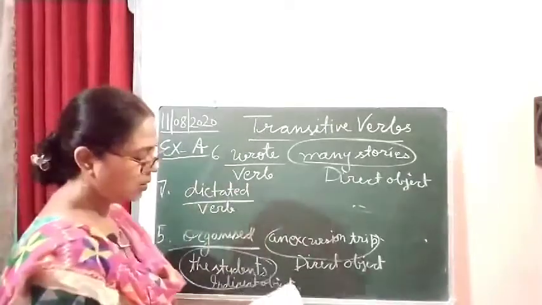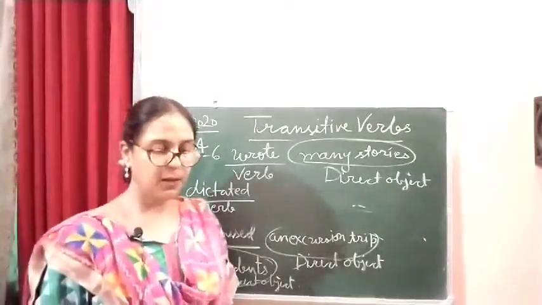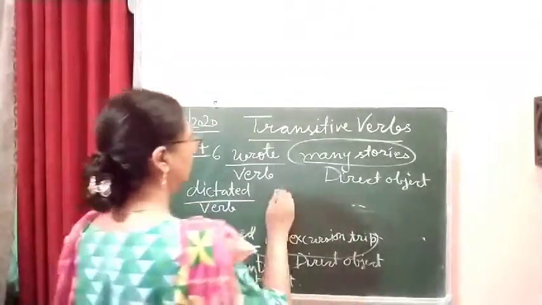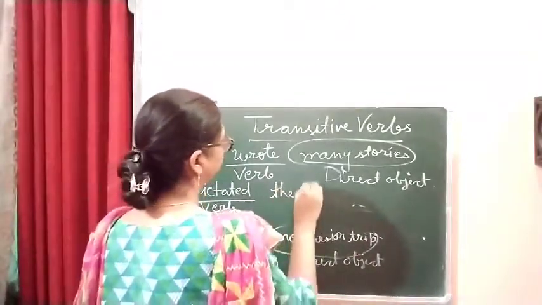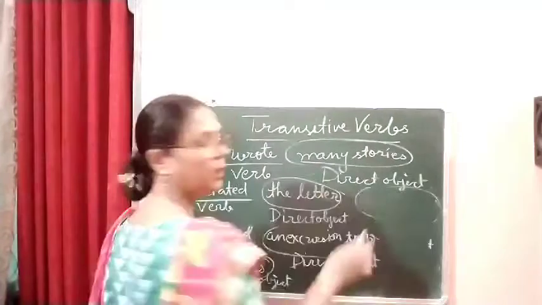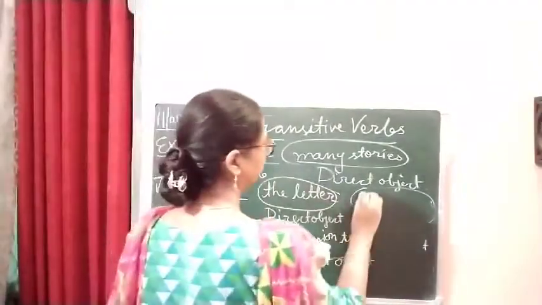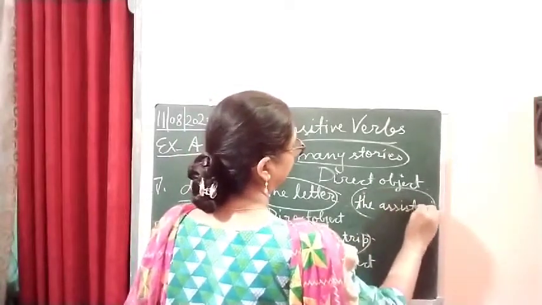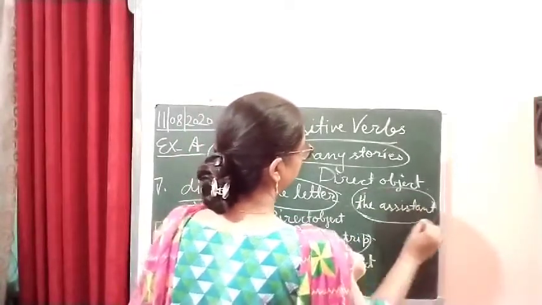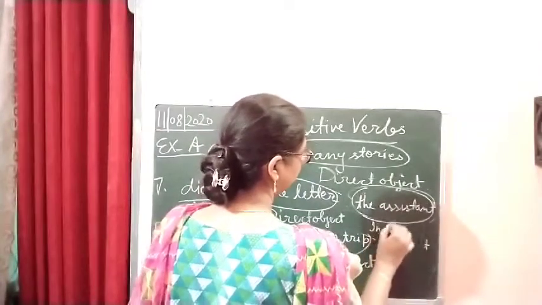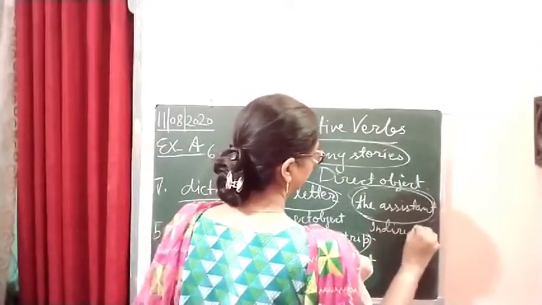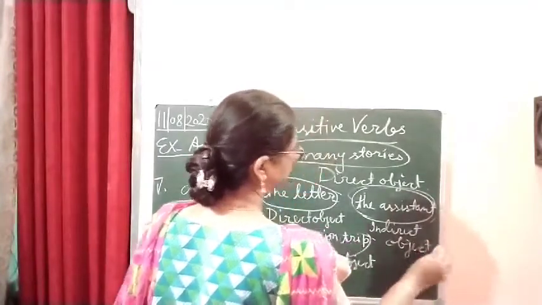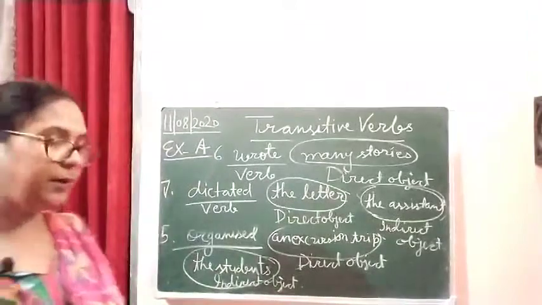And now next, the letter is the direct object. The assistant is the indirect object. Now we have completed number 7.